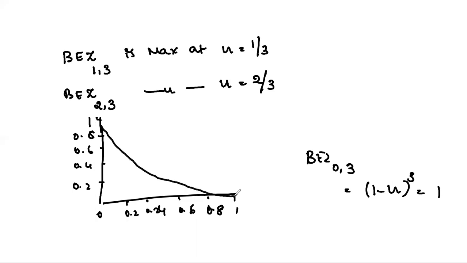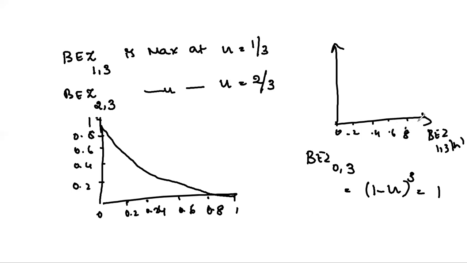So if we go on substituting the value of u, this equation will vary from 1 and it will end up here somewhere. If you want to draw it for the second case, let us call it Bez of 1, 3 of u. The shape of the curve will be, in this case, we have already written here that Bez of 1, 3 is maximum when the value of u is 1 by 3.